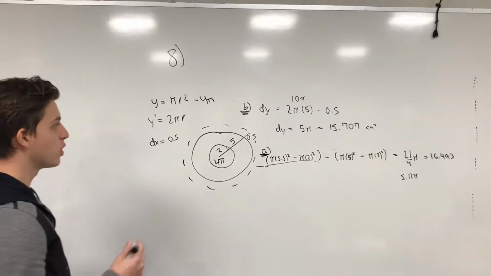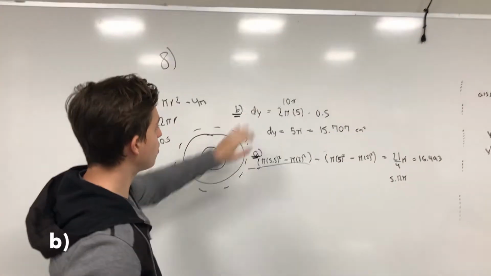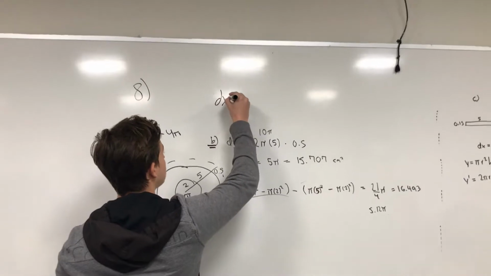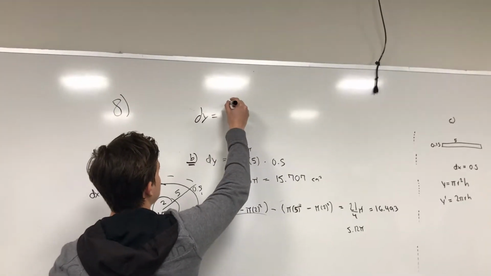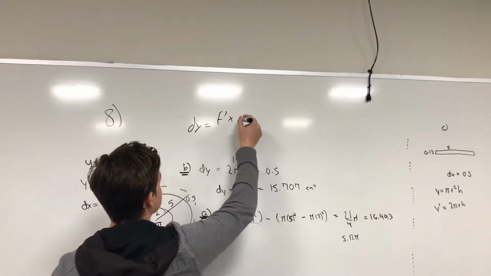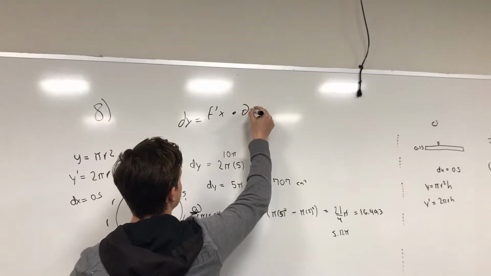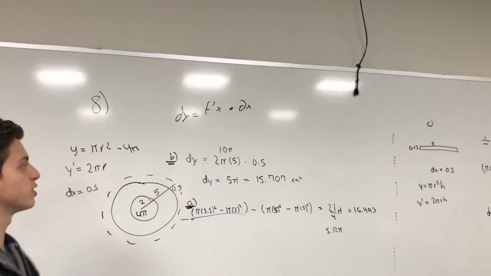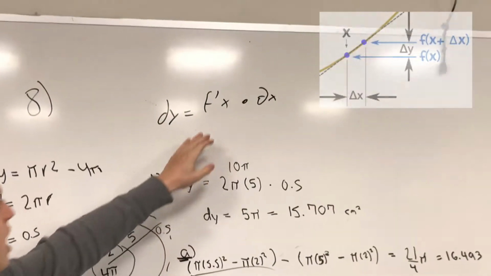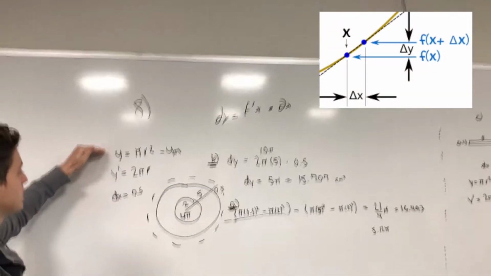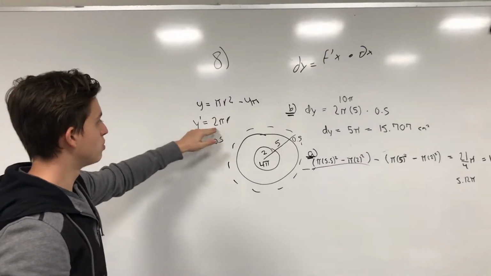By doing this, we know that the formula for getting dy is dy equals f of x prime times dx. That is the formula for dy. So we know that the function is this one, that's why we got the derivative, that is 2 pi r.